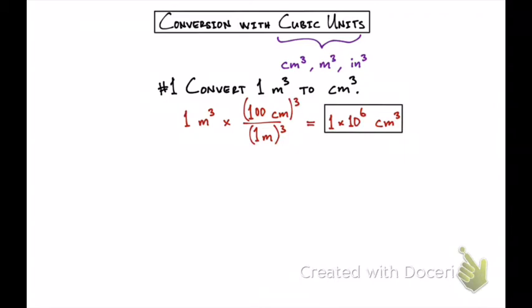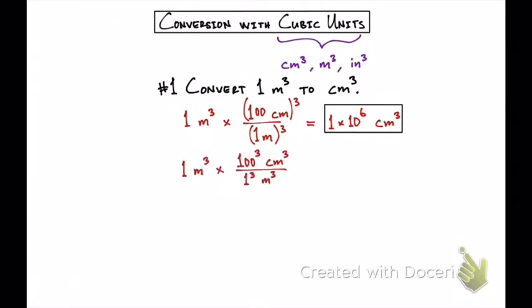All right, so you're cubing everything that's inside, including the units. So now you get, for example, this numerator here, cubic centimeters, and then here 100 raised to the third power. Same thing down here at the bottom, cubic meters, and 1 raised to the third power.